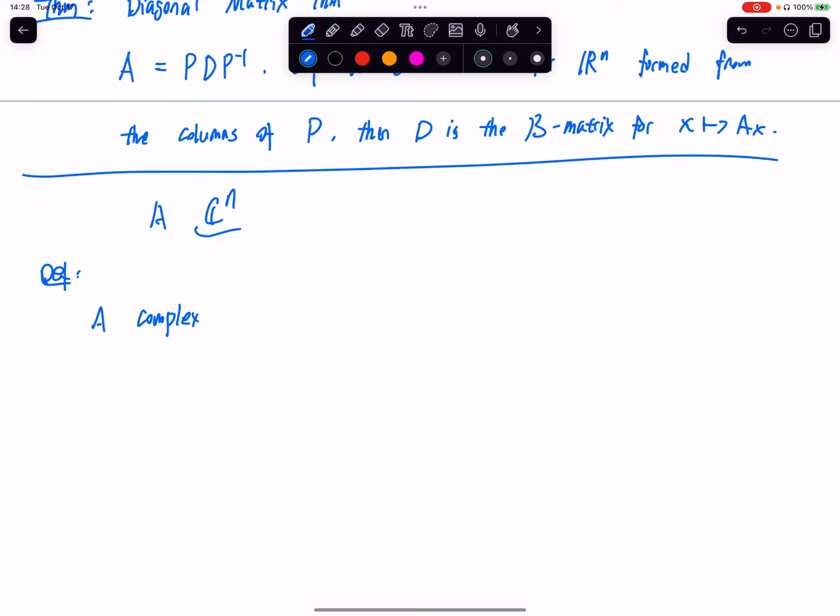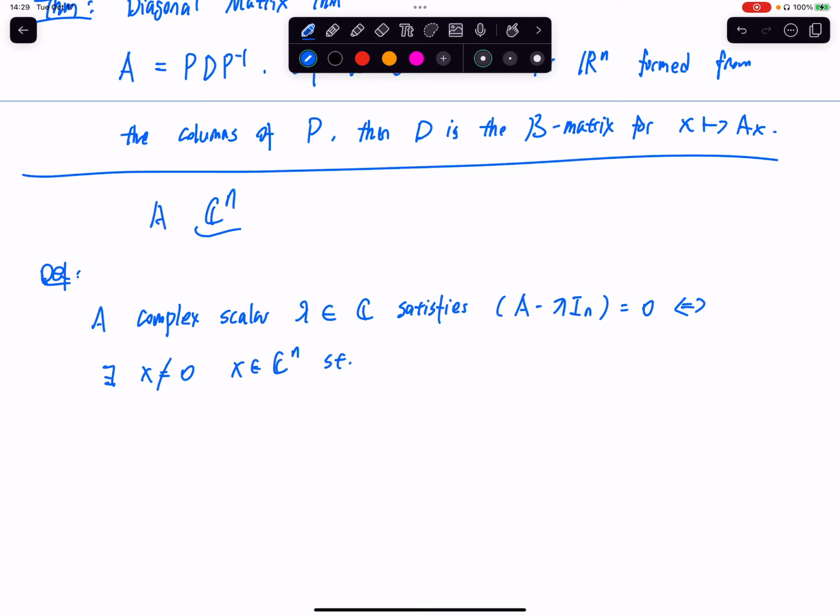A complex scalar lambda in C satisfies the equation det(A minus lambda I_n) equals zero if and only if there exists a non-zero vector x in C^n such that Ax equals lambda x. And this lambda is the complex eigenvalue and the corresponding x is called a complex eigenvector.